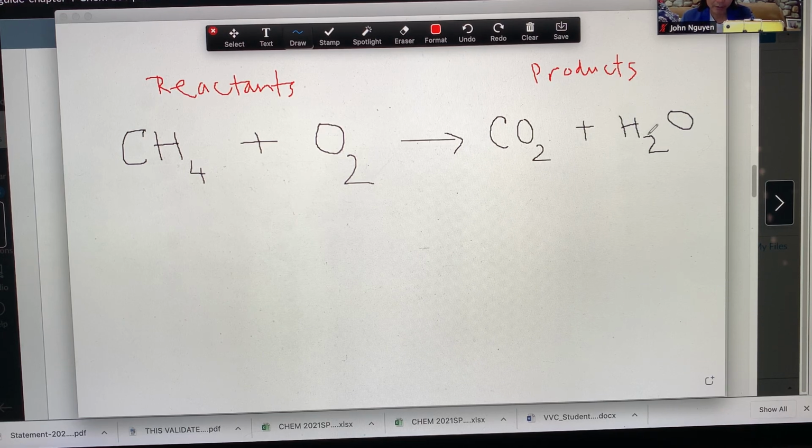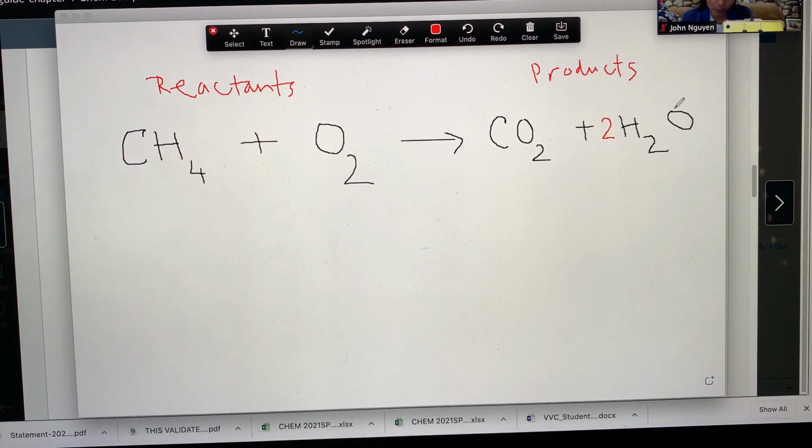So you can't fix that, okay? But we can add a number in front, known as a coefficient. You multiply it by 2, and that will make it a 4, and it's multiplied by the oxygen as well. So in this case, you got 4 hydrogens, 2 times 2 is 4, and you also get 2 oxygens.